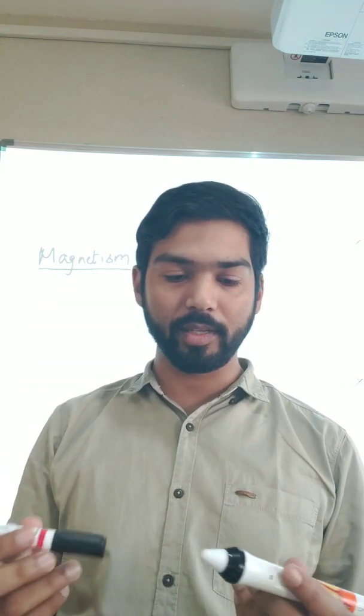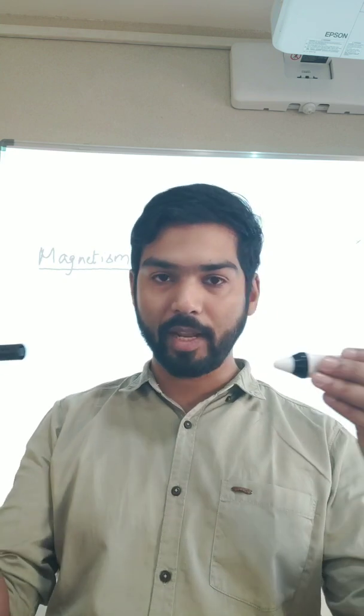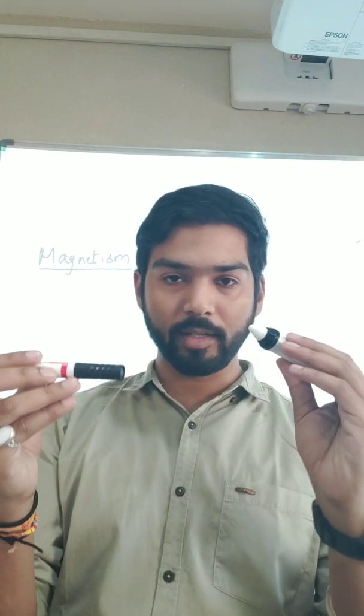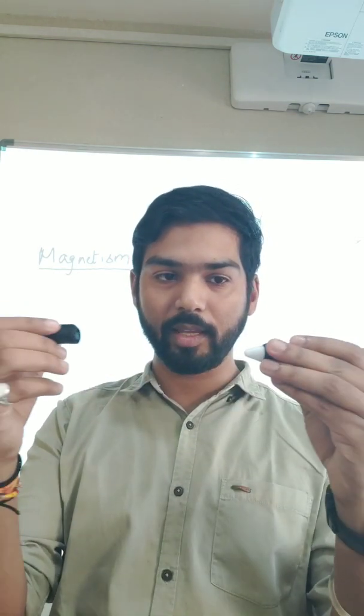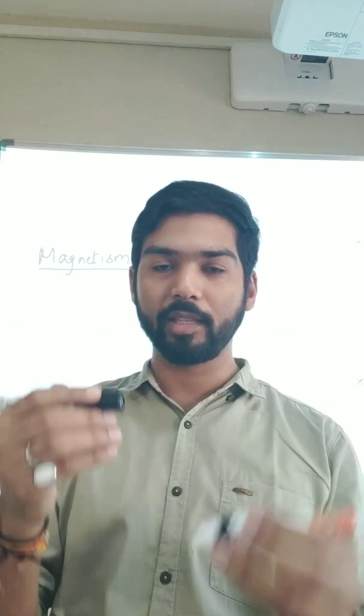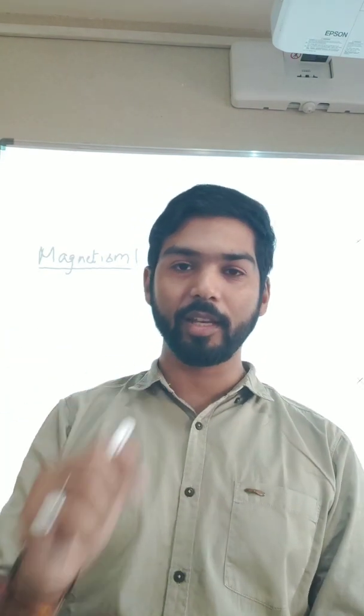What I'm going to tell you is that when I take the north pole of this magnet and the north pole of this magnet and I put them together, they actually tend to repel each other. When they come close to each other, they repel each other. And you must have actually noticed this in your toys.